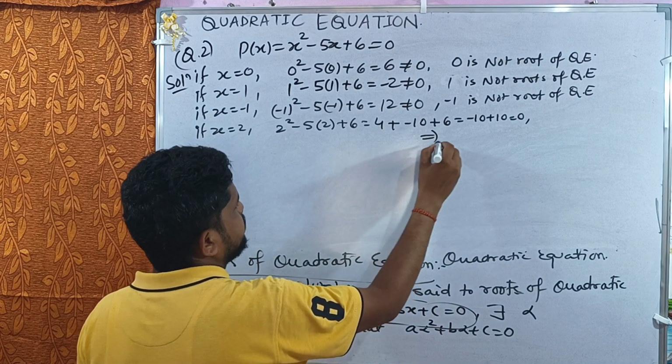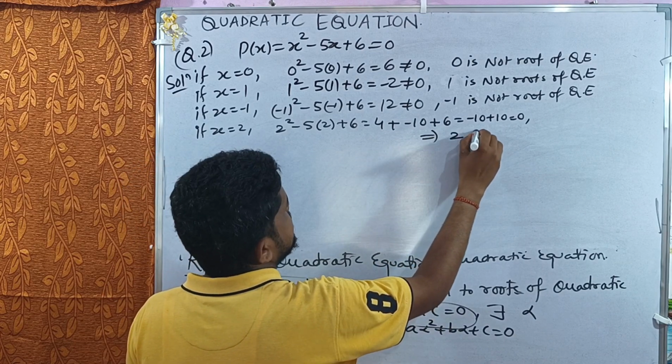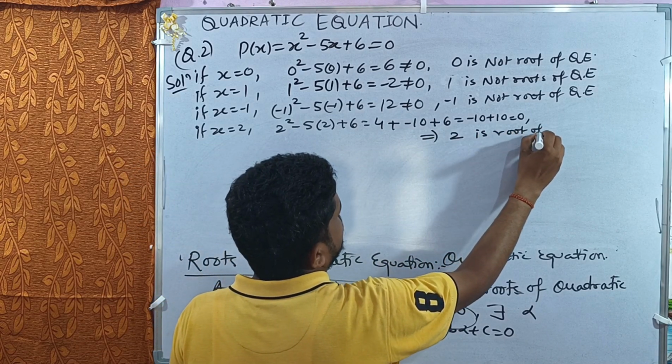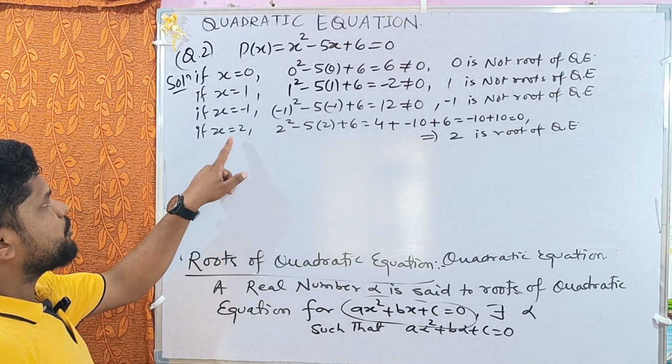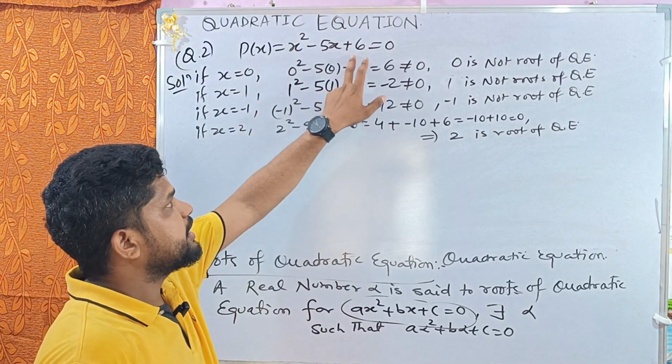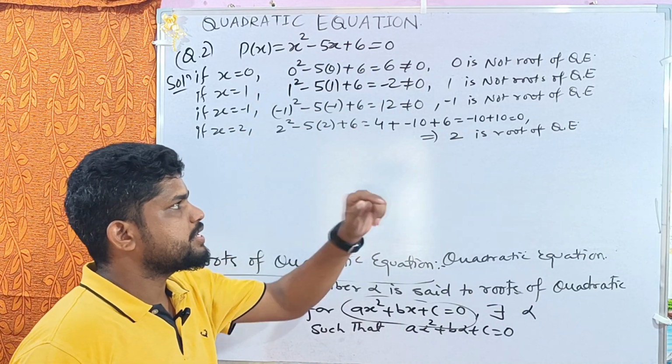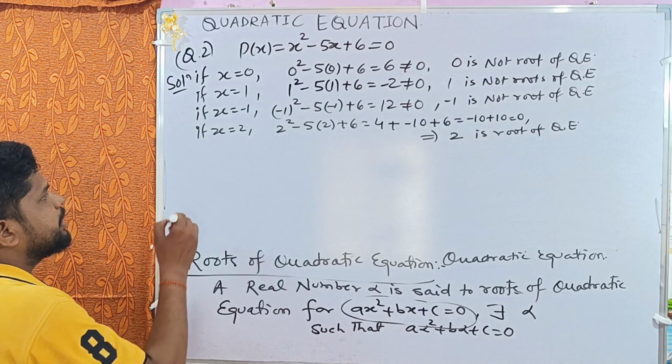This shows that 2 is a root of the quadratic equation. Why? Because for x equals 2, we are getting this quadratic equation equal to 0. So 2 is a root of the quadratic equation.